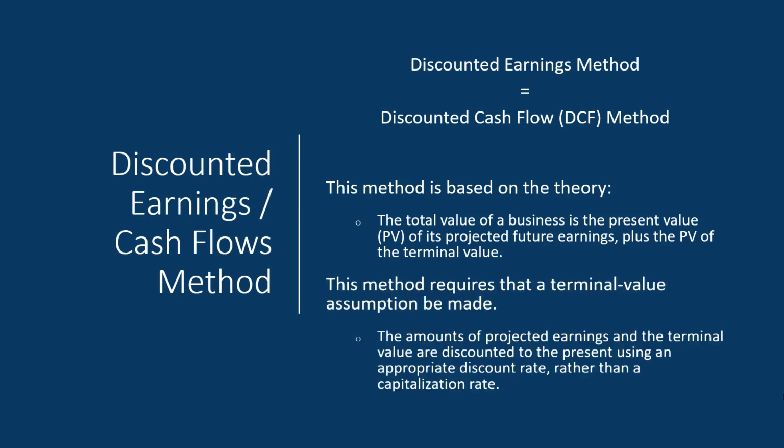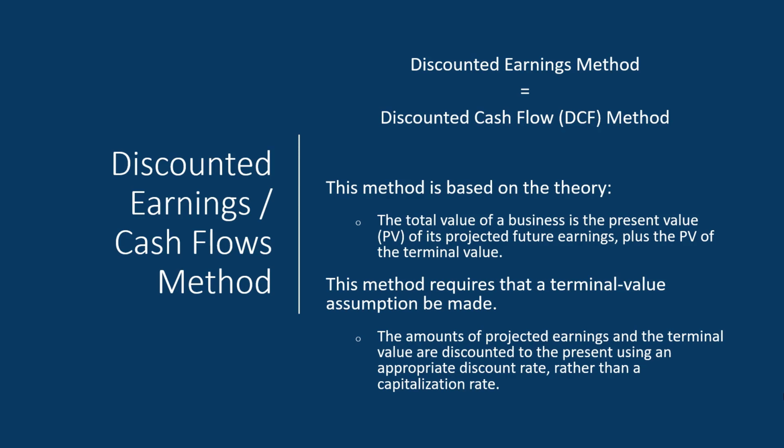So we're going to cover this in a lot more detail, but this method does require an assumption for a terminal value. That means at a high level, if we value your business based on projected earnings of the next 5 years or 10 years, regardless of when that projection ends, at the end of that period, whether it be 5 years, 10 years, 20 years, there is an assumption for a terminal value, all the future earnings beyond that point, unless you're valuing a finite resource, such as a particular natural resources play or a gold mine, for example, that you're going to estimate to the end of life.